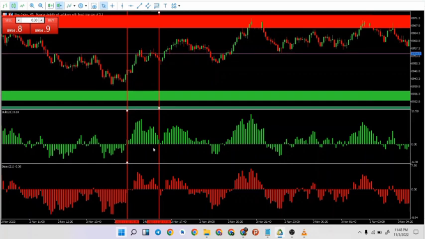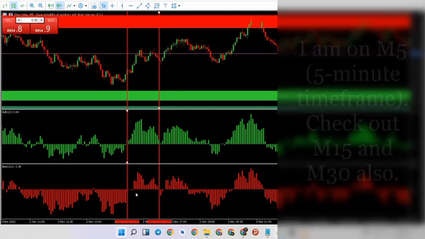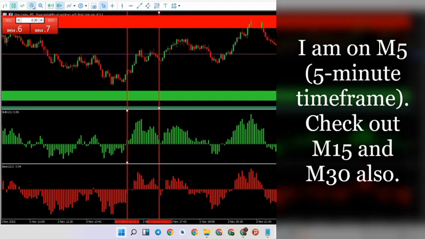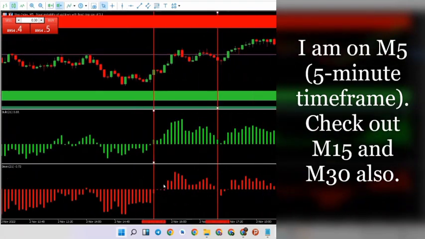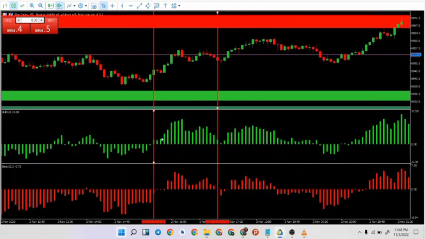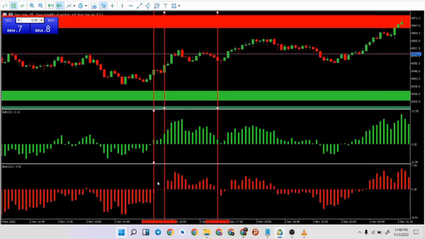Now the way you enter is that you see this area when the green wicks moved up above the zero, and then the wicks for the bears market were on the zero and below. There was no sure confirmation for a buy. This 1, 2, 3 area is not a sure entry.